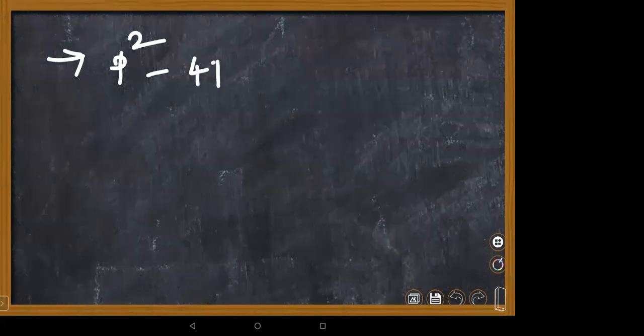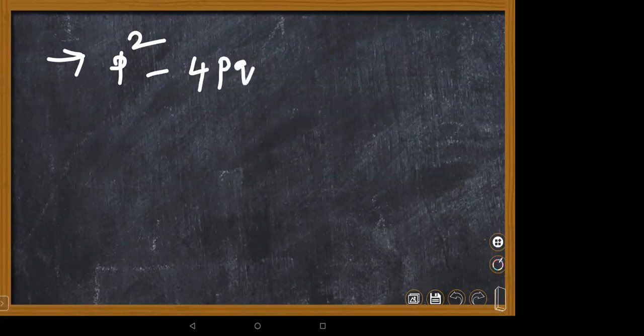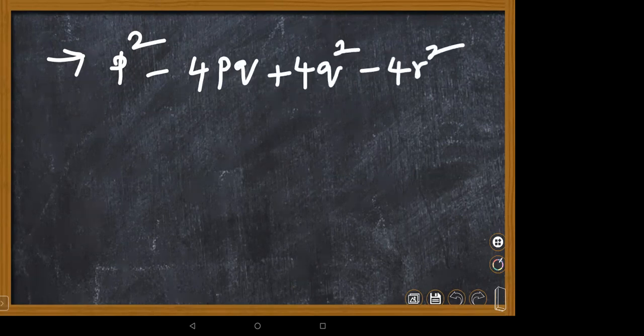I'm not giving this question to you children. Now you have to answer this question. I won't give any clues also. p square minus 4pq, and here plus 4q square and minus 4r square.